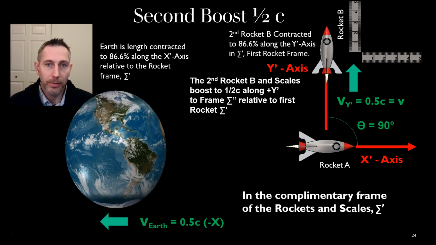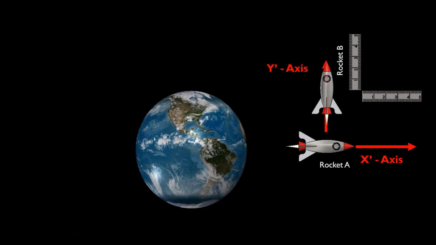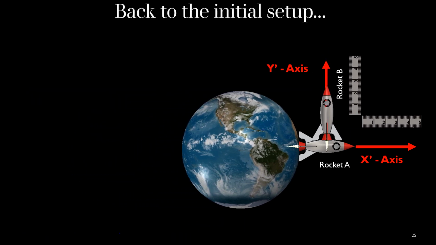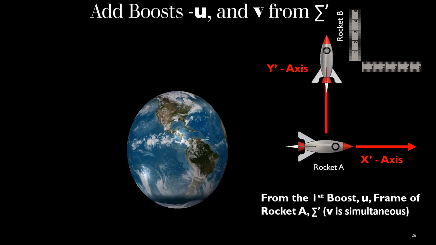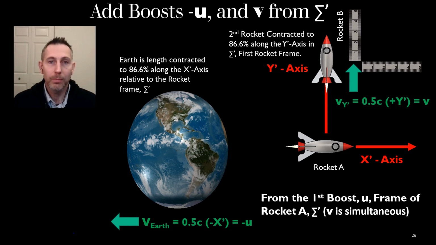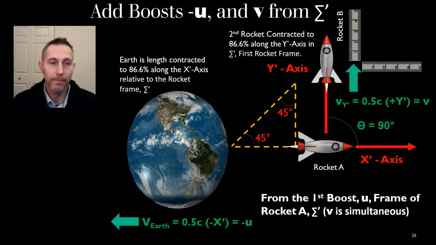This is important because both direction and speed of velocity are relative, in this case to sigma prime. In this setup, rocket B boost V is relative to rocket A in sigma prime.